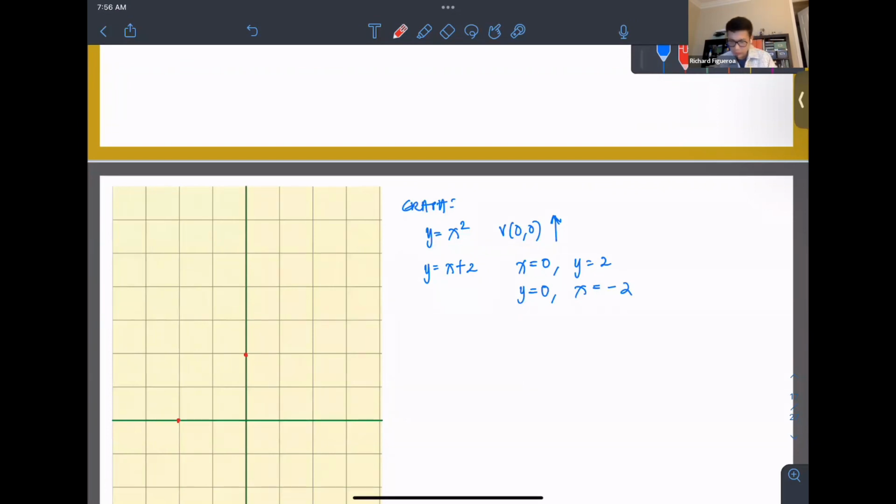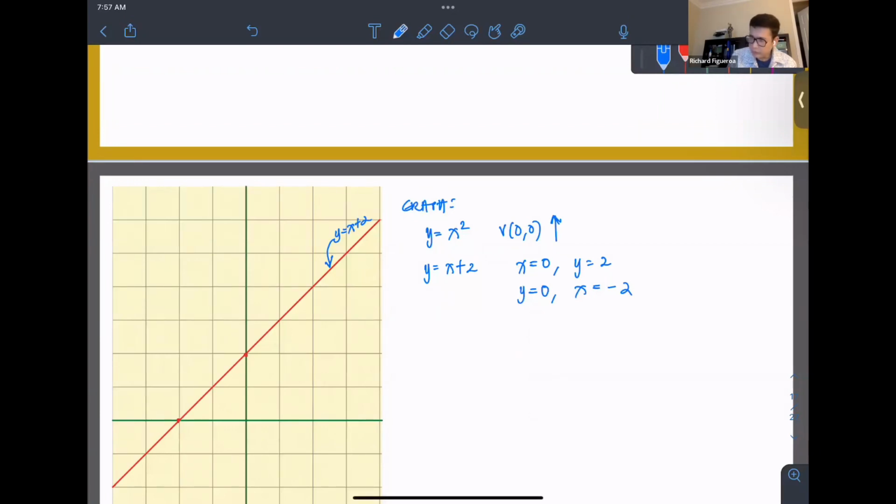Then for the x-intercept, we have negative 2. So this will be the line, y equals x plus 2.